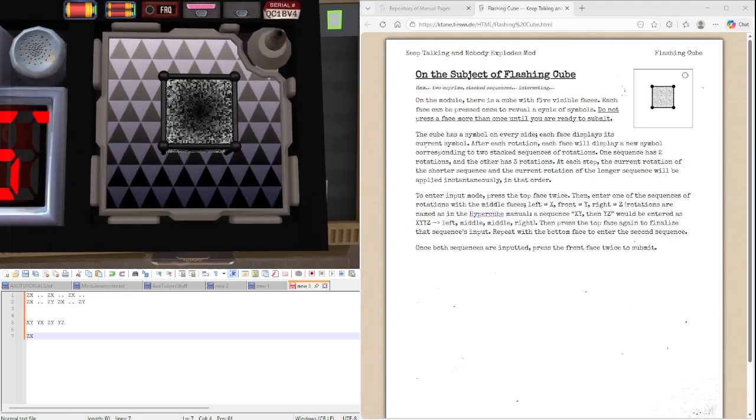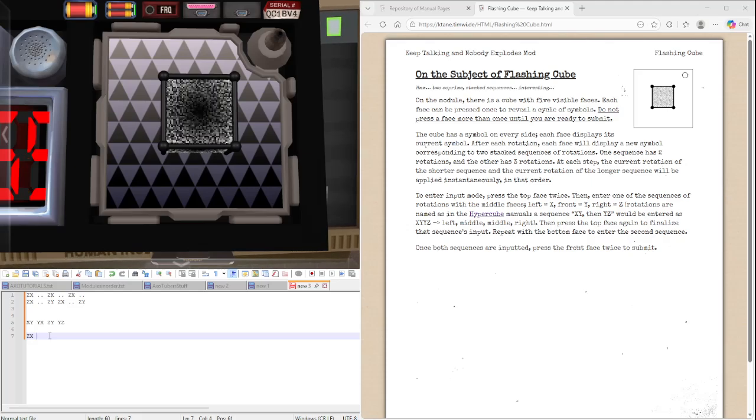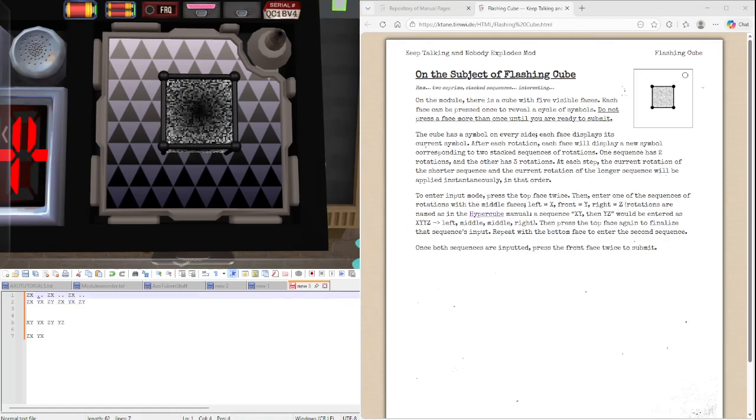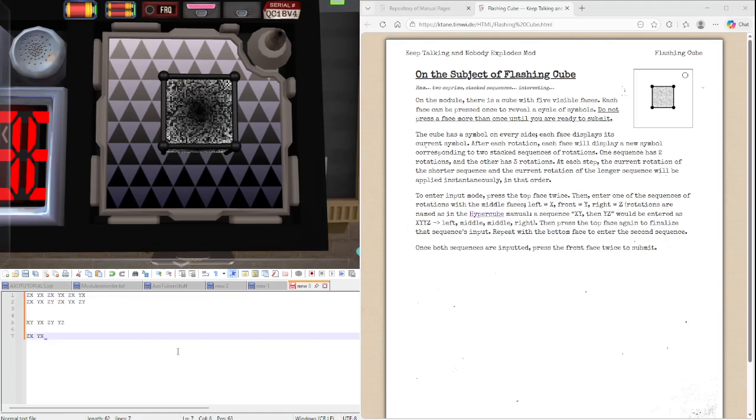So yeah, there's ZX, and then moving on to that face would be positive y to positive x. So I suppose if we get a YX there, maybe we got the answer here.